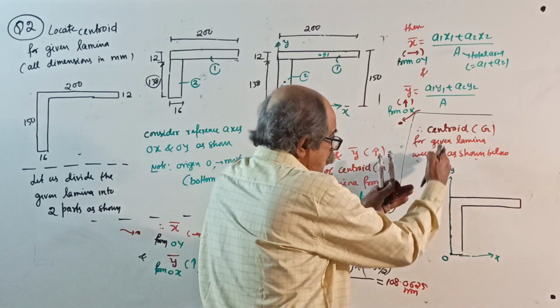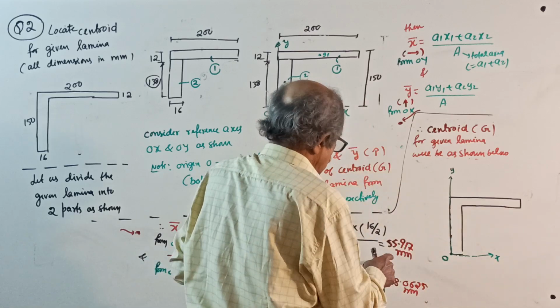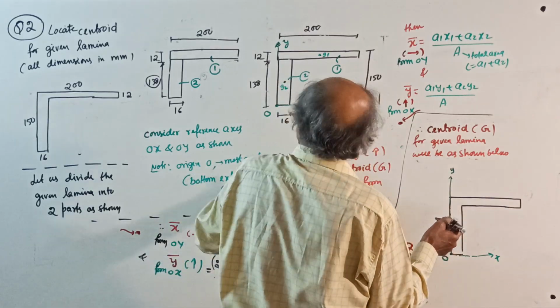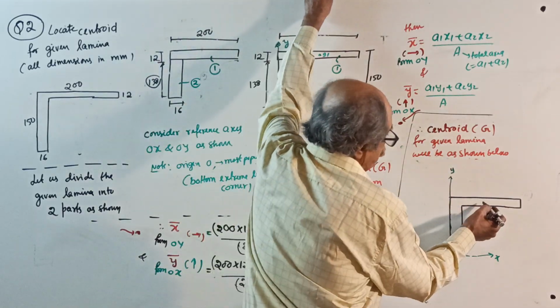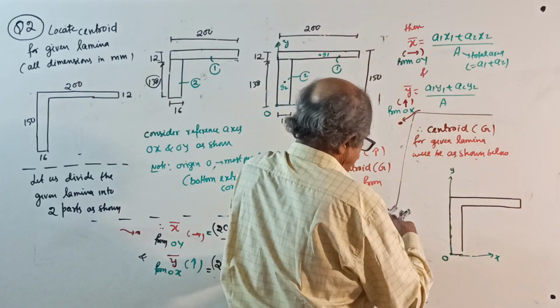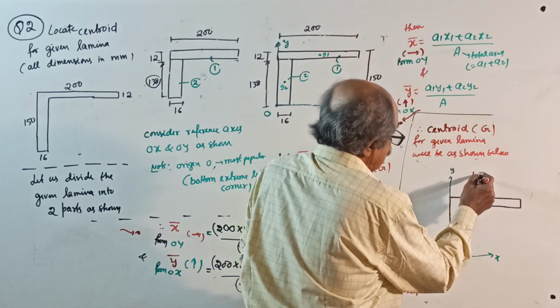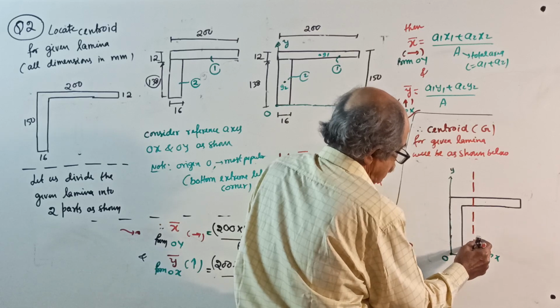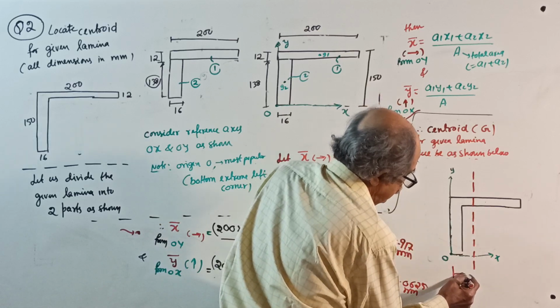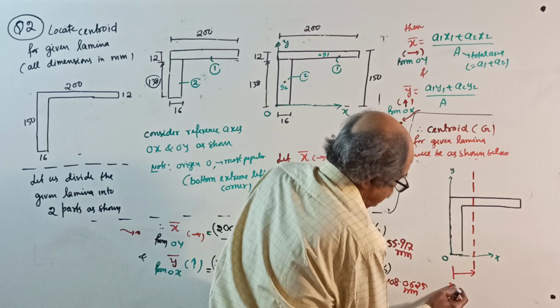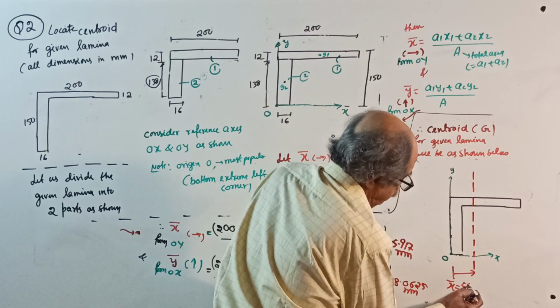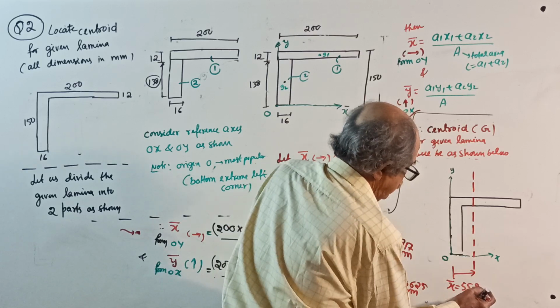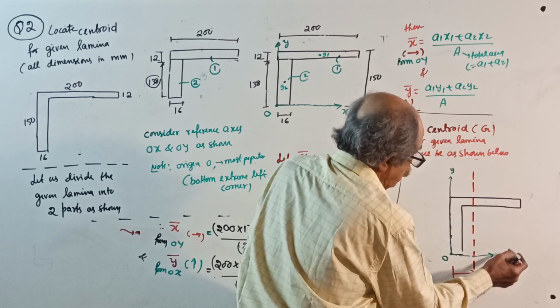We got from O, x bar 55.917. See here, this is 200. Midpoint is 100, so a little to this side. So this is your x bar equal to 55.917.